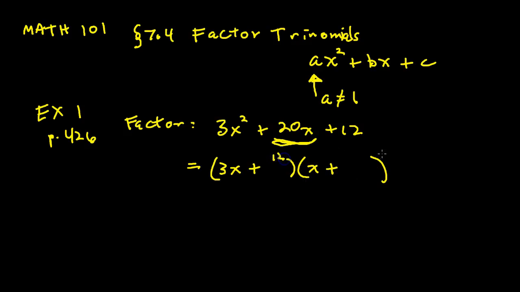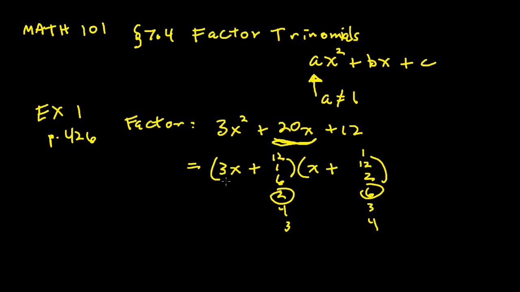We got a lot of possibilities here. 12 and 1. And because these first terms are different, I have to allow for different orderings here. 1 and 12. 6 and 2, 2 and 6, 4 and 3, 3 and 4. Well, I've only got one possibility that works, and I believe it's 2 and 6.